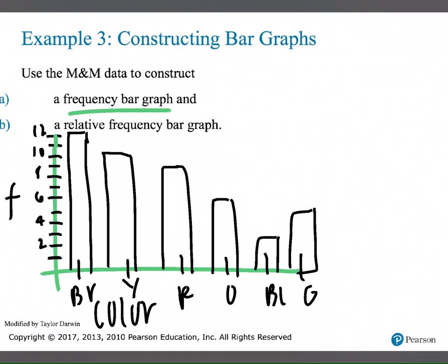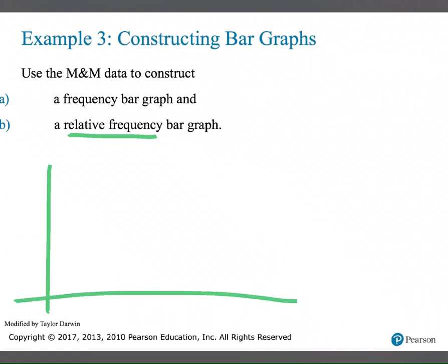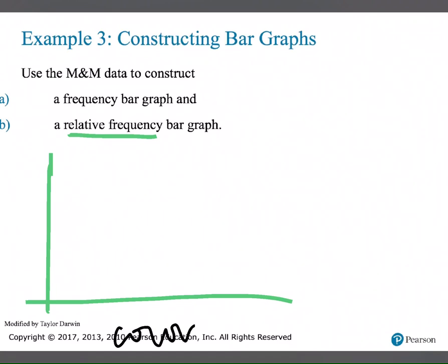And we are going to make one for our relative frequency. The only thing that's going to change is that we're using relative frequency on that vertical. So, yuck, that was not a straight line. Try a little better. That still wasn't great. Sorry. So we've got color. And so we've got brown, yellow, blue.